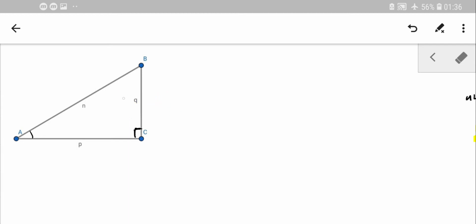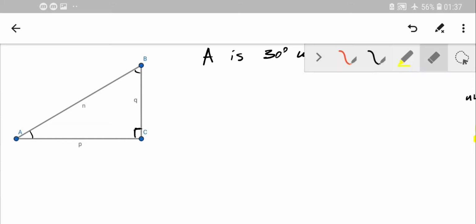Okay, so we've got this angle now, and we know that this angle is x. So another angle is, let's say, 30 degrees more. So angle A is 30 degrees more than B.